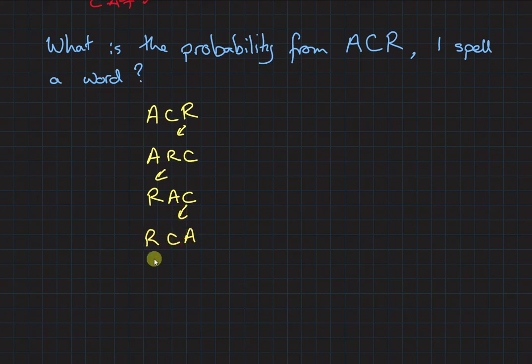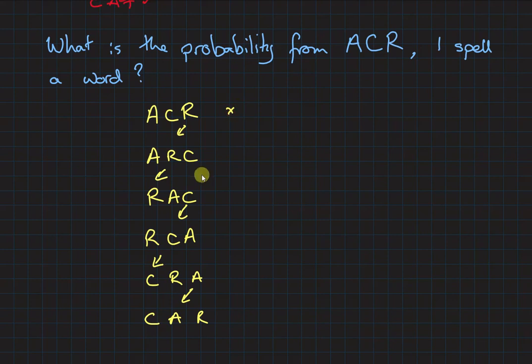RCA and CRA. How many lines should I have? I should have 6. I've only got 5, so there's another possibility. If I move the A over, I've got CAR.